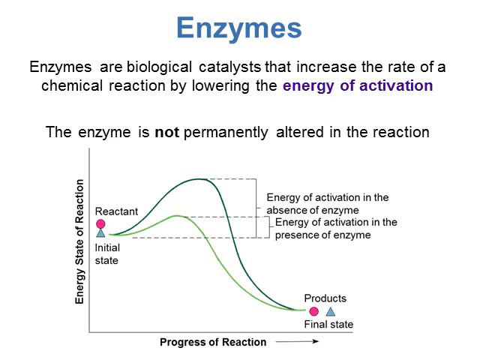And if you look at the graph up here, across the bottom on the x-axis you have the progress of the reaction. So on the left you have your reactants, your starting products, and the reaction goes, and then on the right you have your products that are formed out of the reaction that's happening. On the y-axis we have our energy state.